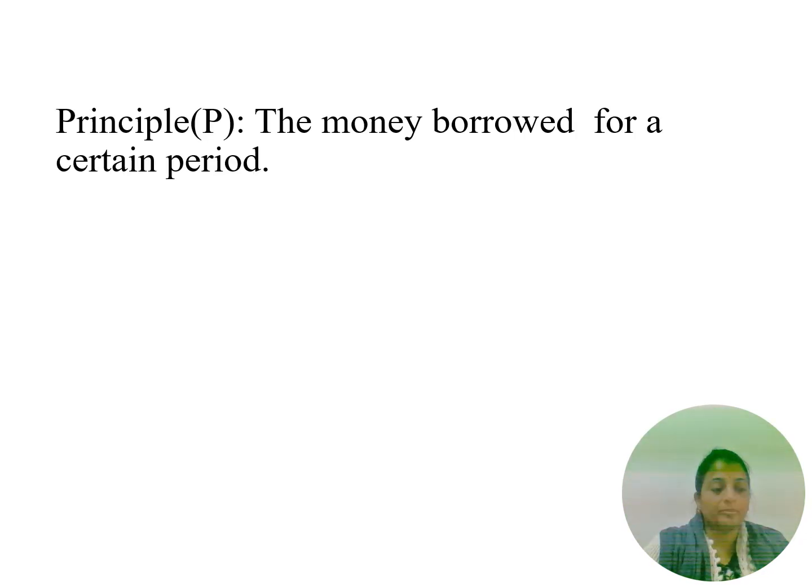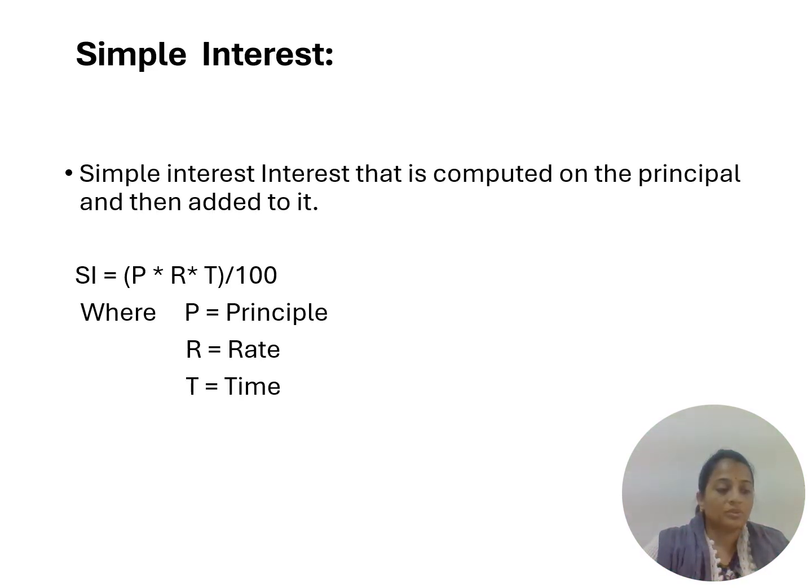Next, principal. The money borrowed for a certain period is known as the principal. Next, amount. The sum of both principal and the interest is known as amount. So first, two types of interest: simple interest and compound interest.